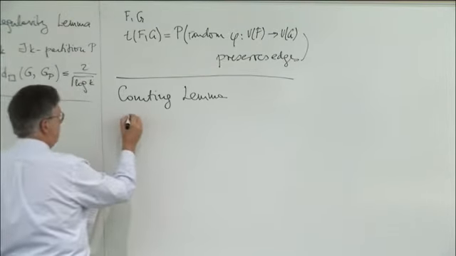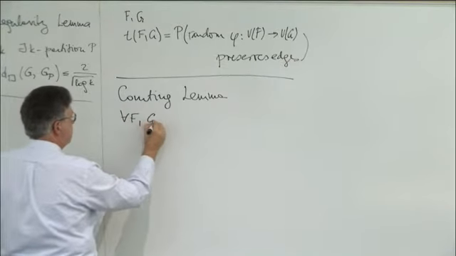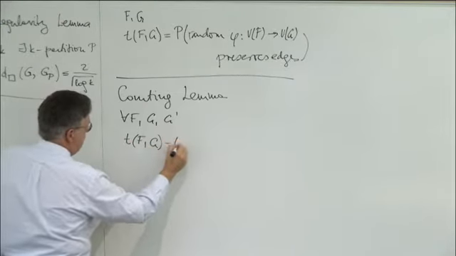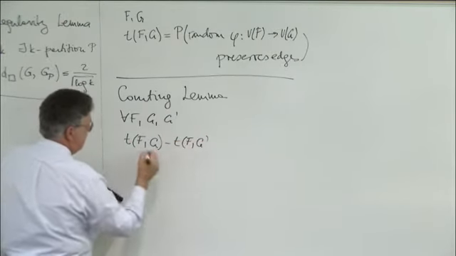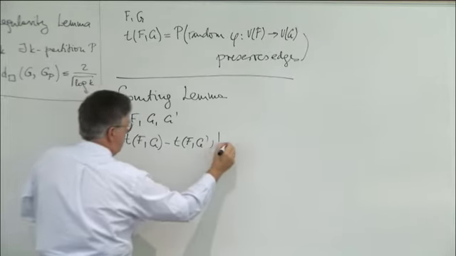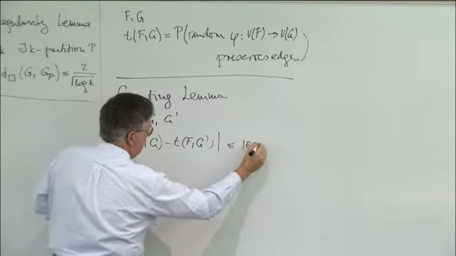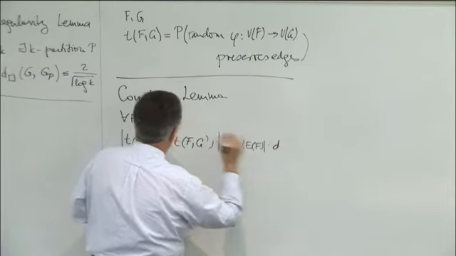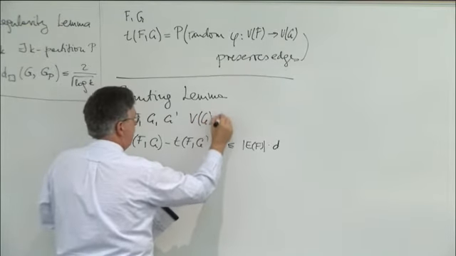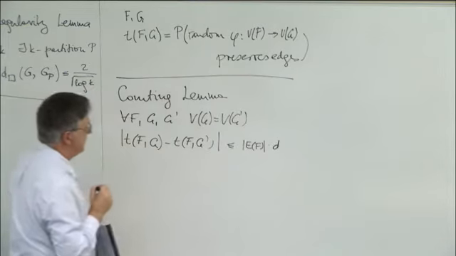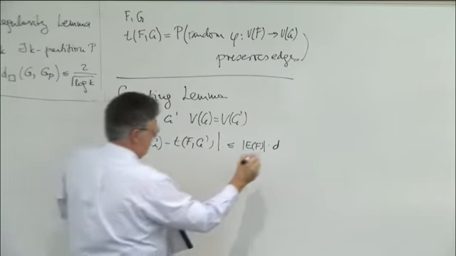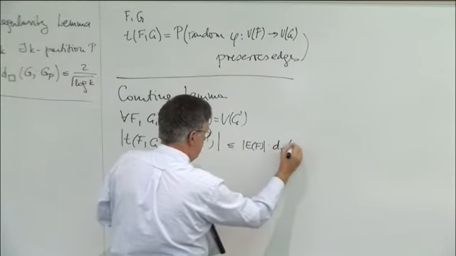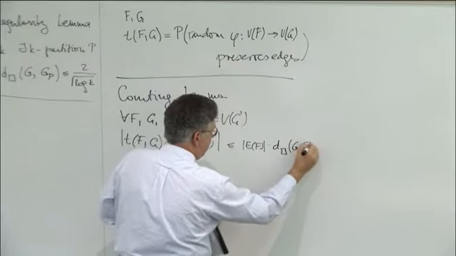It just says that for every F, G, and G prime, the density of F in G minus the density of F in G prime is bounded by the number of edges of F, and remember, I think of this as small, times the cut distance of G and G prime, where I assume that G and G prime are on the same node set.